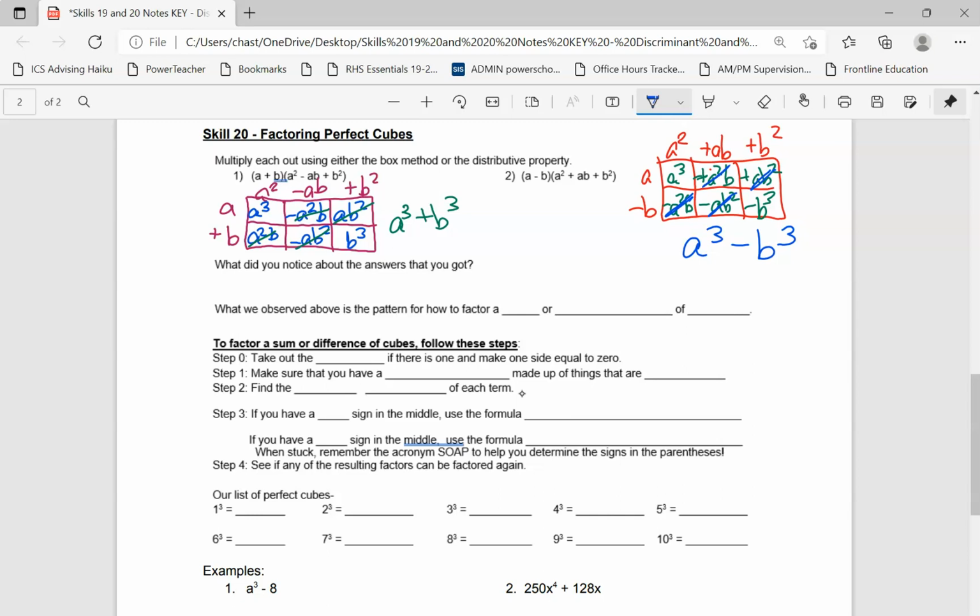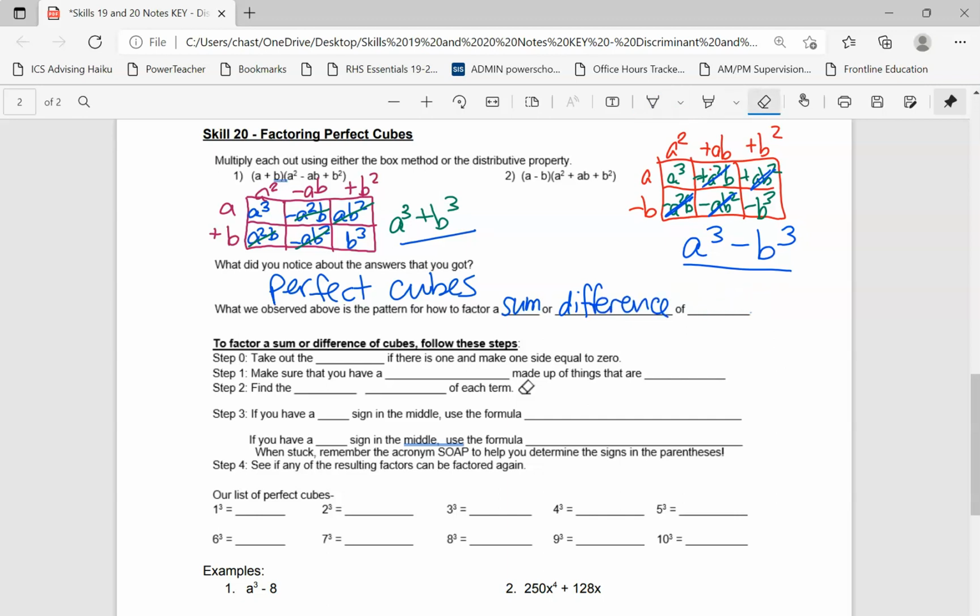So what do we notice about the answers we got? They were perfect cubes. So we had a cubed plus b cubed, and we had a cubed minus b cubed. So those rules that we multiplied out actually become the factoring pattern for how to factor a sum or difference of cubes.